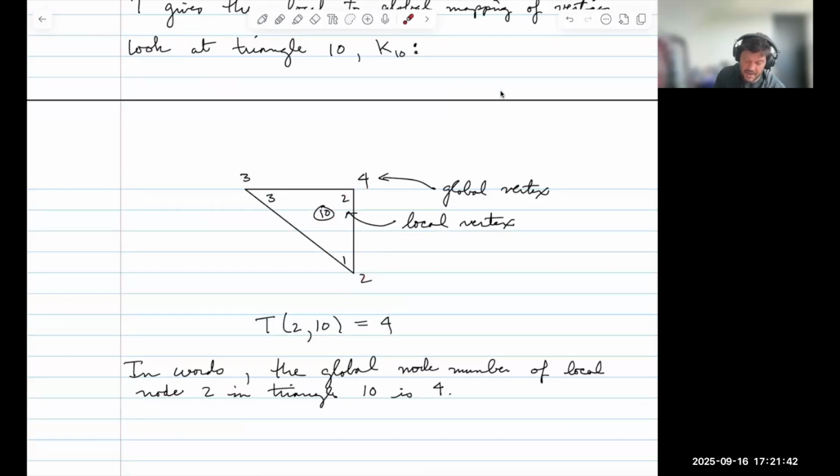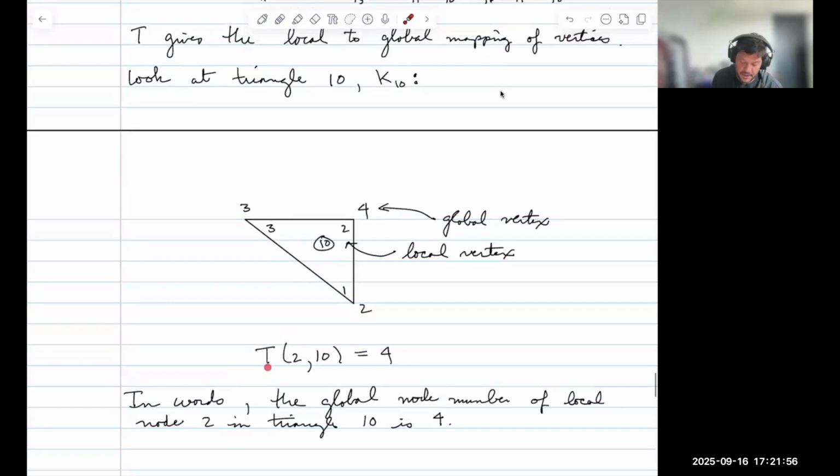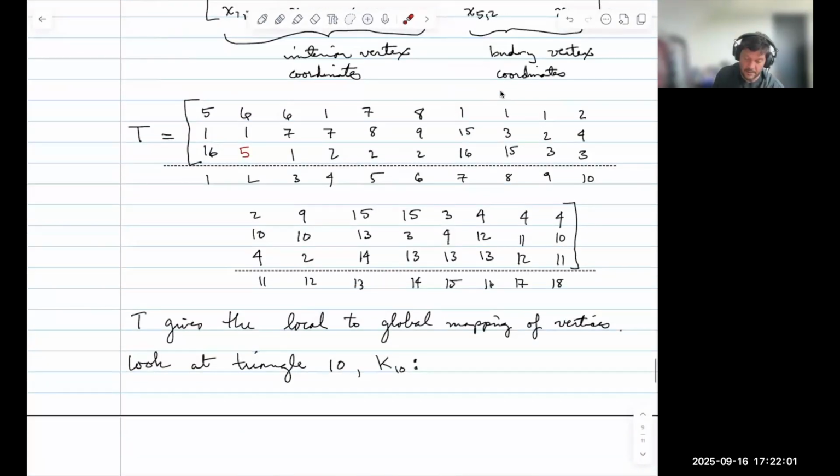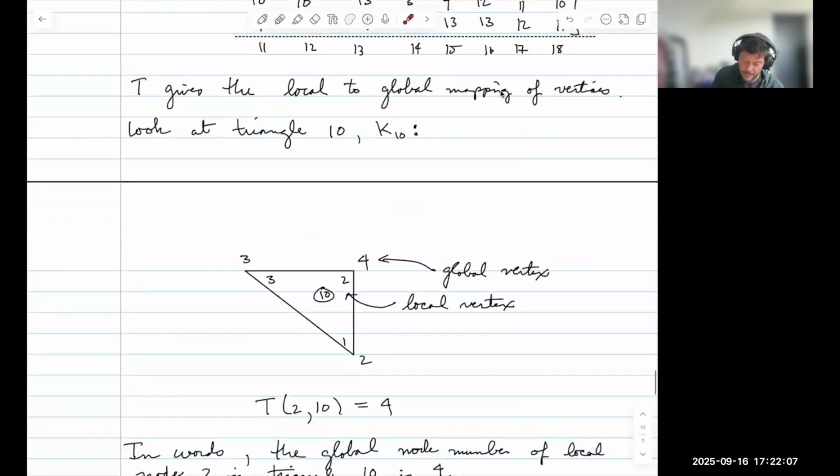So what I'm really saying, when I write down that mapping that I have above, is I'm telling you the local to global node numbering mapping. So for example, T(2,10), that's going to be what? This is really a matrix. If I'm looking at row 2, column 10, that's going to be 4.